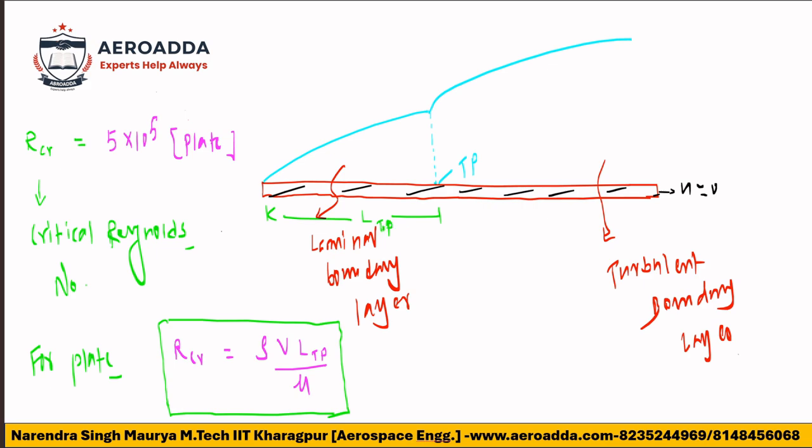I hope it is very clear. So at that time you have to take the critical Reynolds number, from this point the turbulent boundary layer starts forming. And the rest of the properties like rho, V, mu will be given to you. I hope it is clear. We'll solve a problem so you will understand.